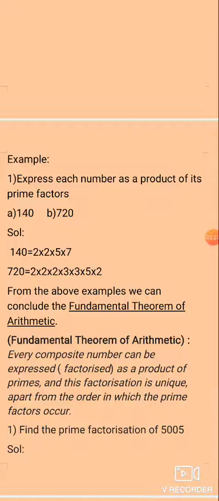Now from the above two examples, the prime factorization of 140 and 720, we know how to prime factorize. From these examples, we can conclude the second property of positive integers. Which one is that? Yes, the fundamental theorem of arithmetic. Now its statement. Listen carefully. The examples 140 and 720 are composite numbers.